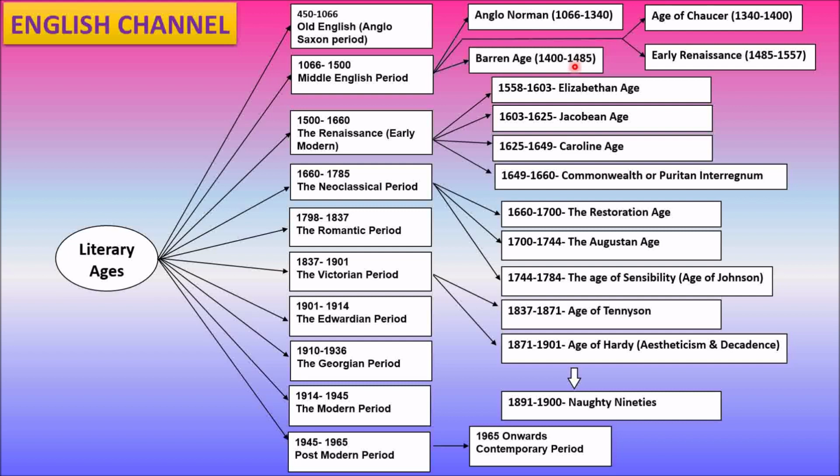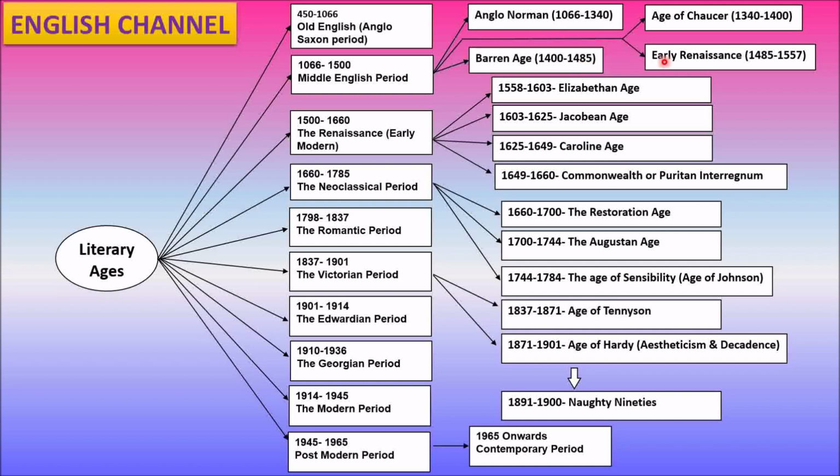The end of the War of the Roses can be seen in 1485. So this age becomes very important as the Tudor dynasty also begins from this particular age. So we should definitely remember this age also.